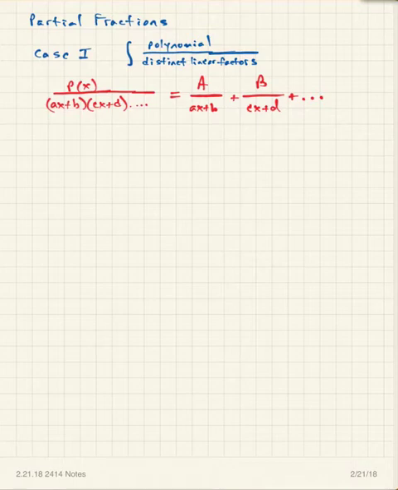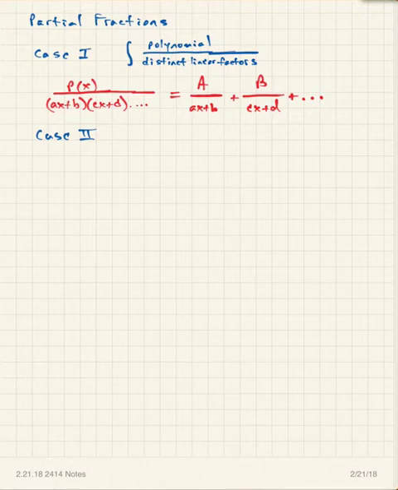That's how you're going to decompose it. All right, so if the denominator is simply distinct linear factors, then you just decompose by writing a separate fraction for each distinct linear factor. And I understand if you're going through this video right now, you might be really unclear as to how this is going to work out in practice. But when we actually look at some examples, it'll start becoming more clear.